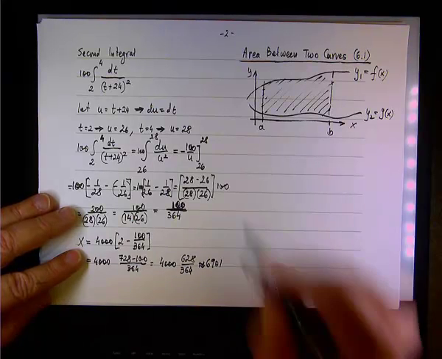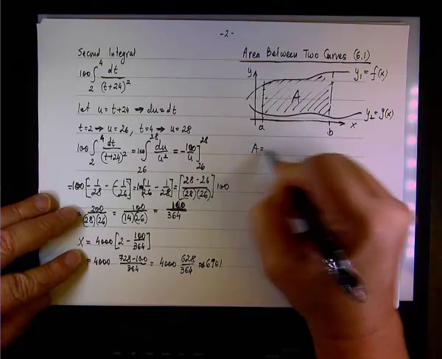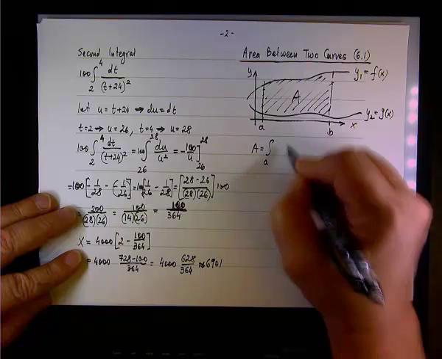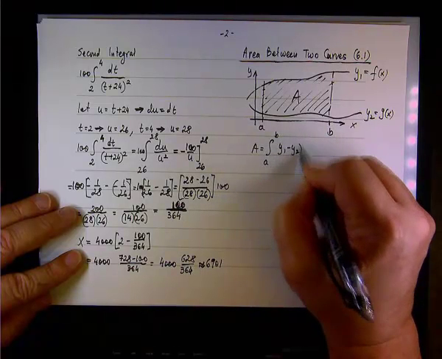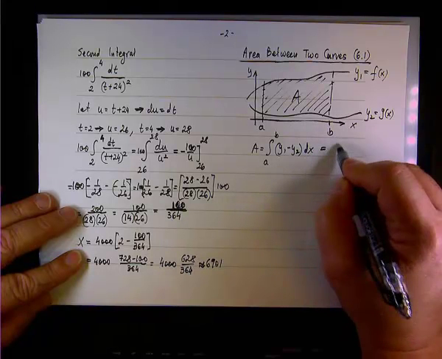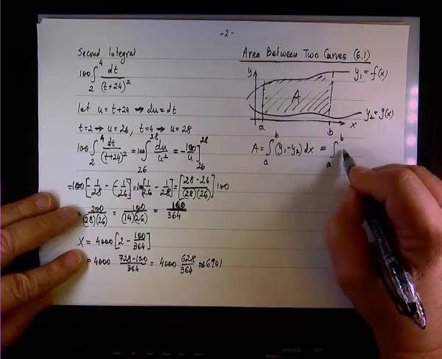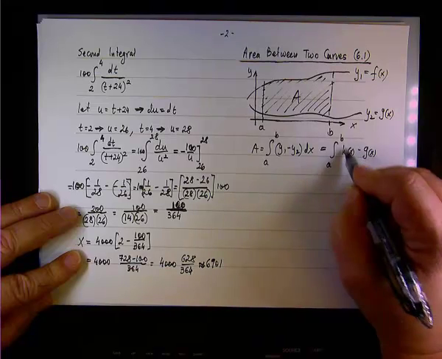So it stands to reason that if this is the area, well, the area will be the integral from a to b of y1 minus y2 dx. And since we have two functions here, I can write it as the difference between f of x and g of x.